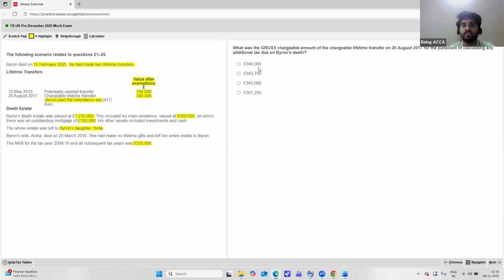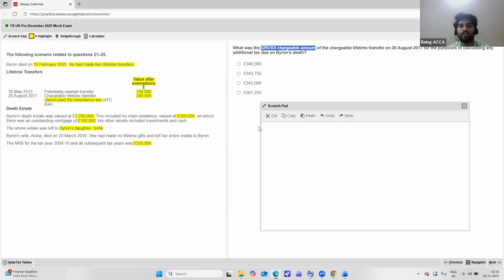Next, the first question they are asking us is: what was the gross chargeable amount of the lifetime transfer on 20th August 2017 for the purpose of calculating any additional tax due on Brian's death. So here the gross chargeable amount is what is being calculated.